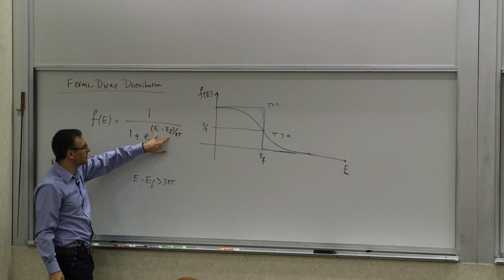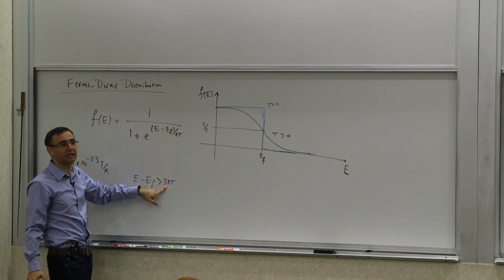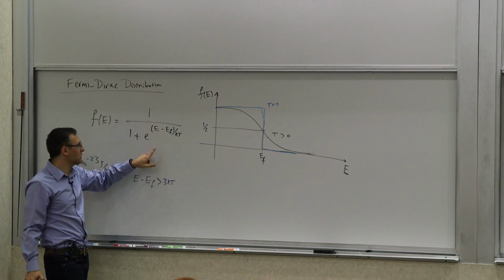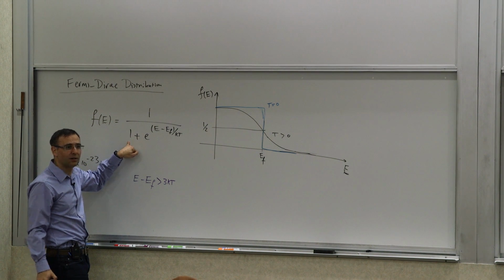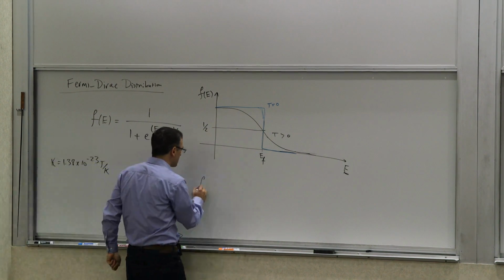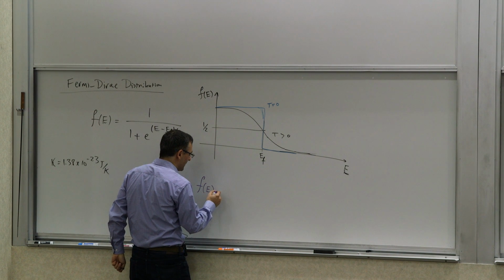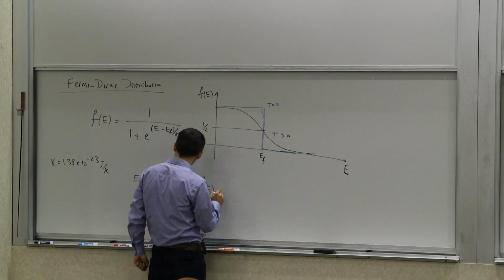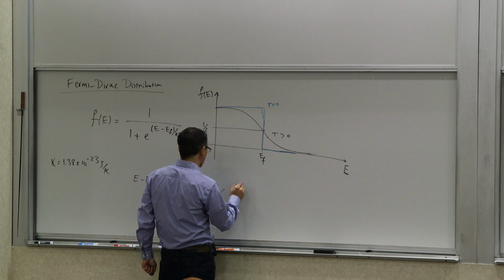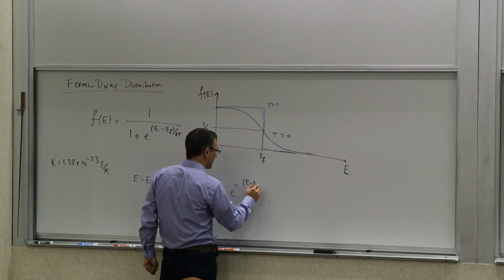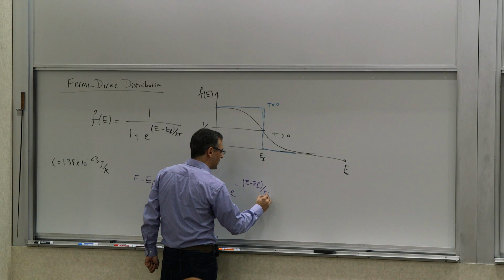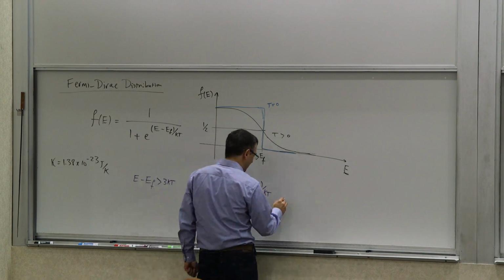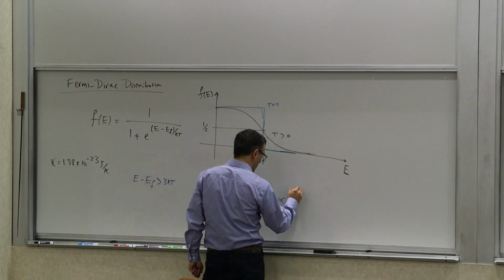This exponential is e to the power of greater than 3, so this would be significantly larger than 1. So the probability of finding something at energy E becomes proportional to e to the negative (E minus EF) over kT, which is also proportional to e to the negative E over kT.